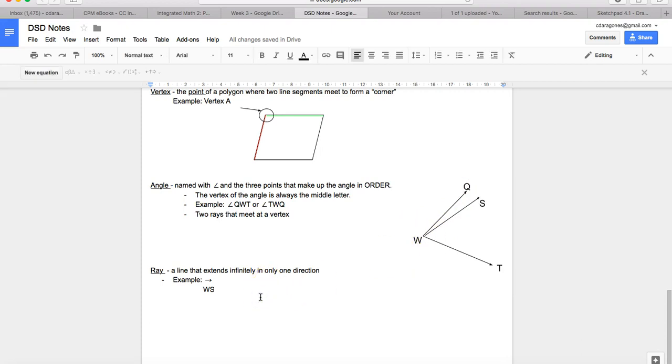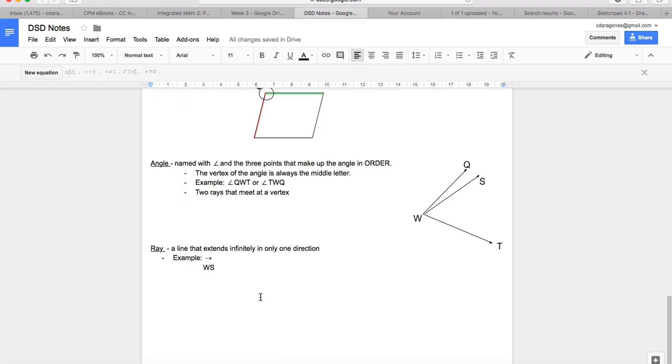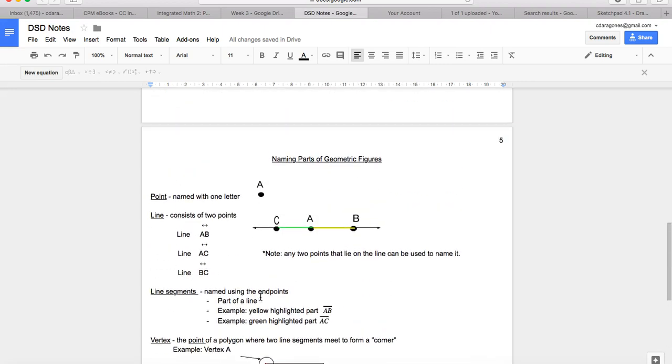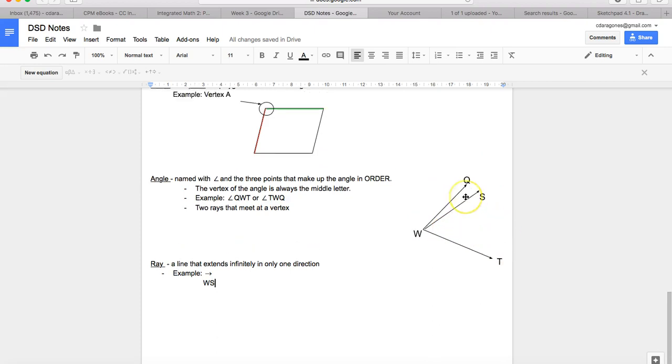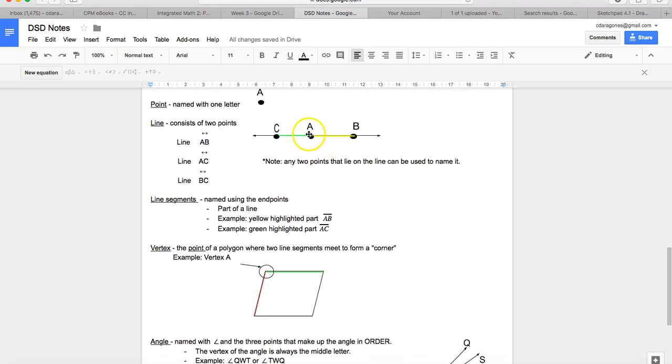So make sure you have all these notes down on page 5 of your notebook, because it's going to be really important that you are able to refer to these parts appropriately. You can't refer to an angle incorrectly, because then that would form a different angle. If you said something like QWS, that's different from QWT. Or if you start talking about a line segment when you really mean a line and you write down the incorrect thing, you aren't labeling these things correctly.